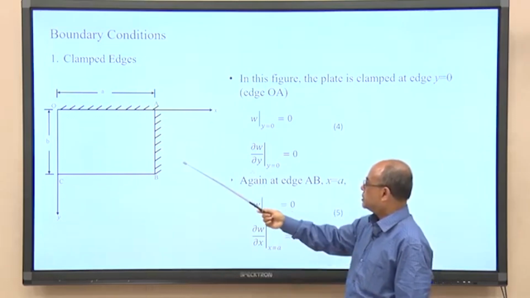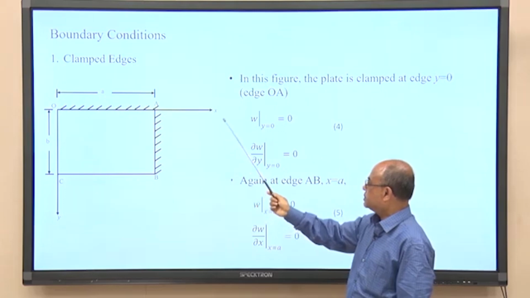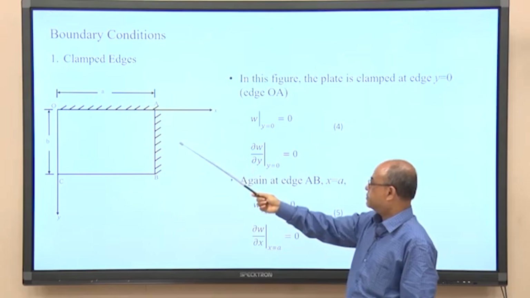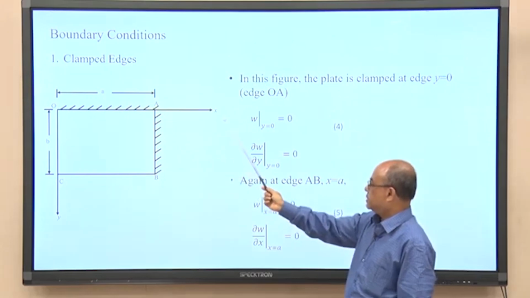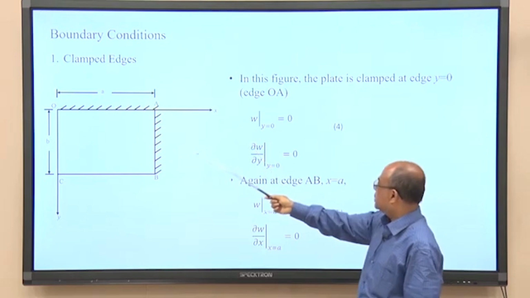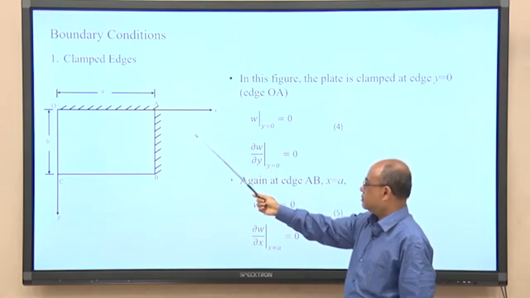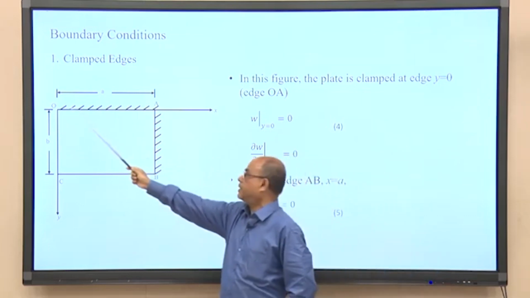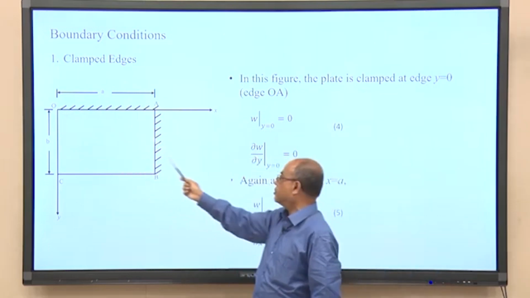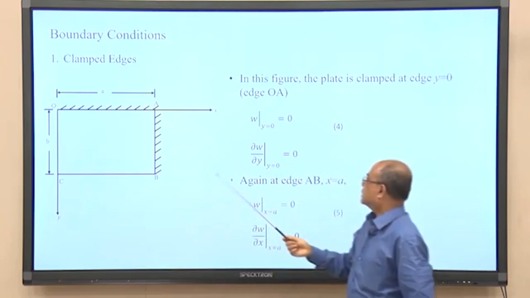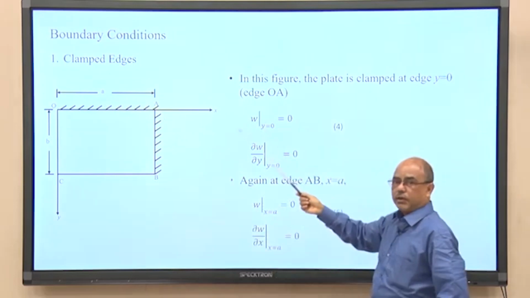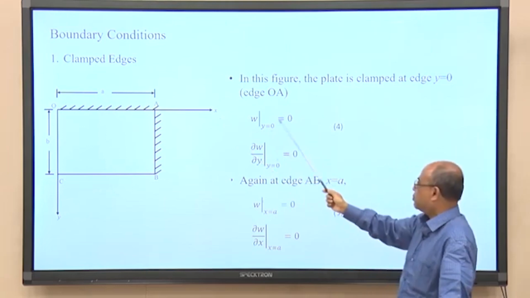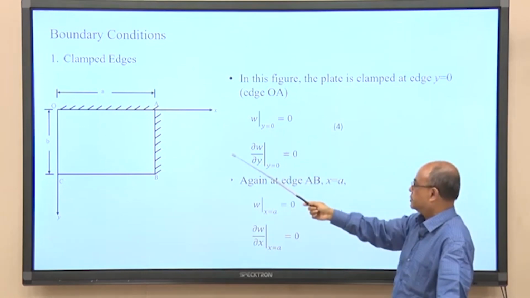Now, for the boundary condition on OA, you see along OA y is 0, if I refer to O as the origin. So, that means deflection is 0 along OA because it is fixed. So, W at y equal to 0 is one condition that has to be imposed here.